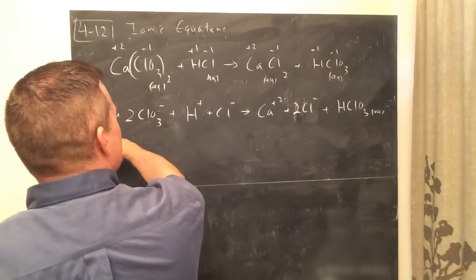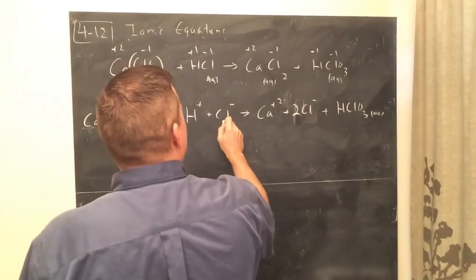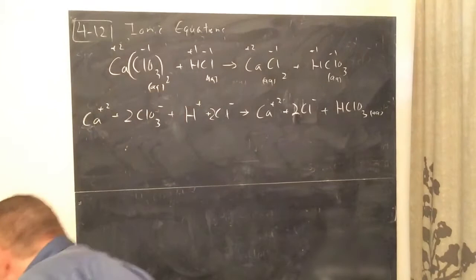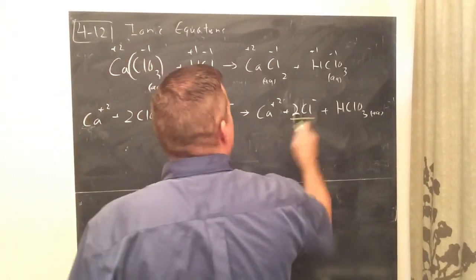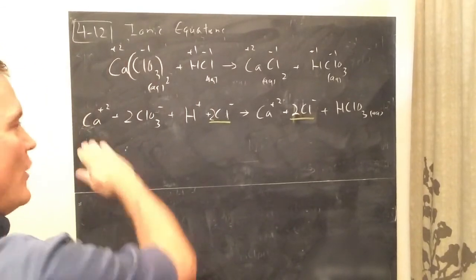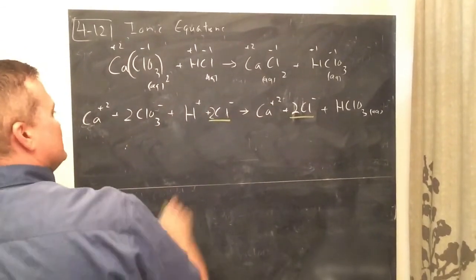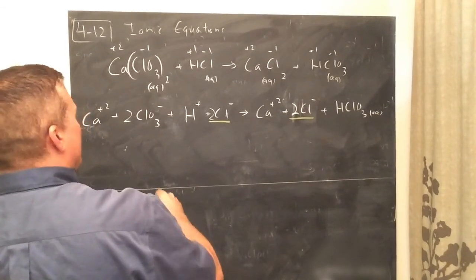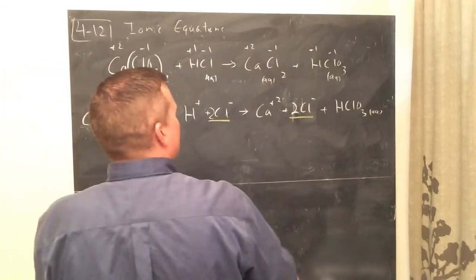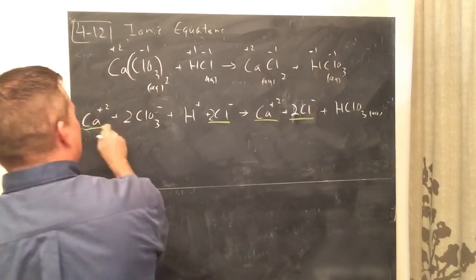So then we go over here, anything to cross out? Chloride on the left. I'll do it with underlining. Like I said, if you have to write the ionic as an assignment, you better show the whole thing. Don't cross anything out. 2 Cls, 2 Cls, 2 chlorates here. Calciums are going to go away.